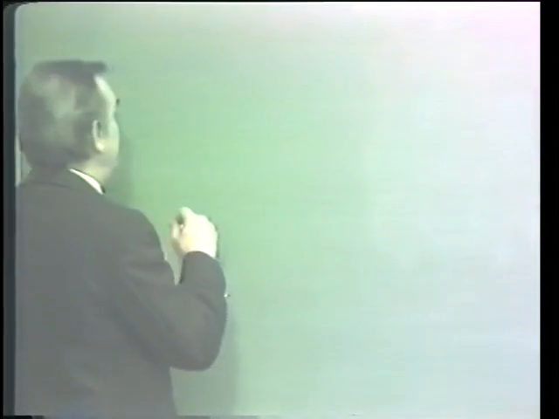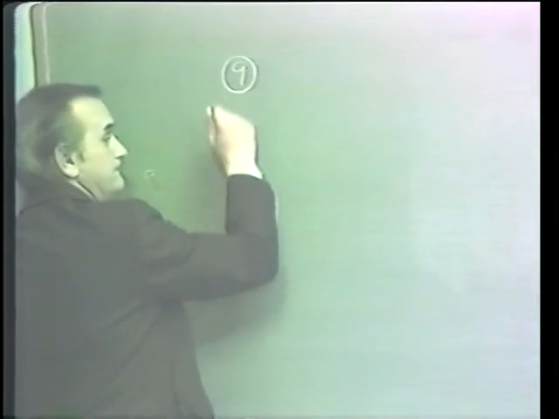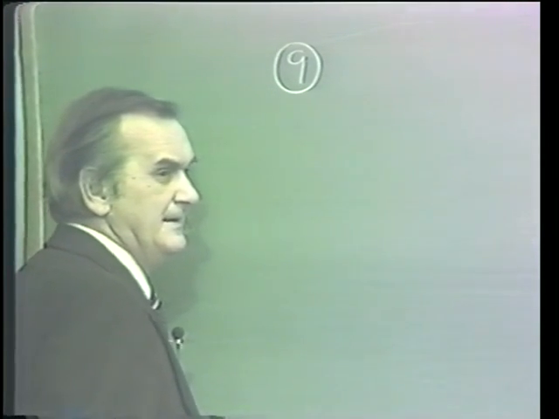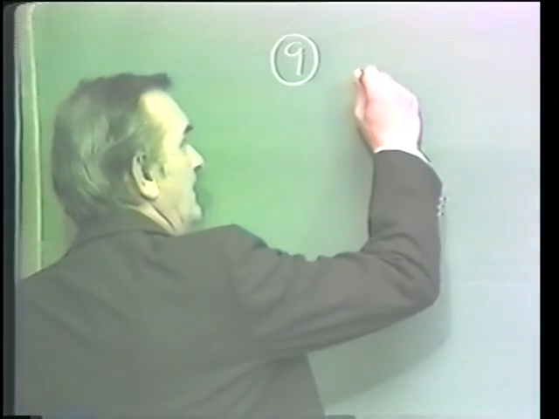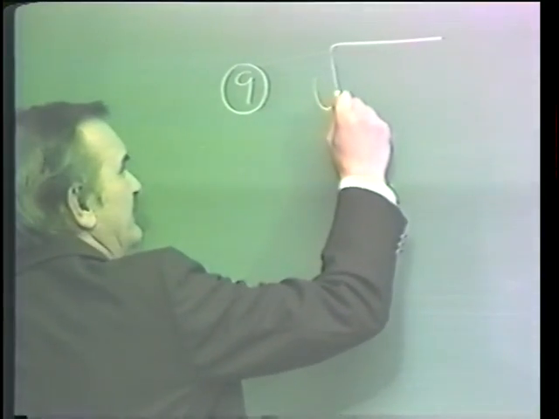Now, before we go on, we need a new property. Our property is this. This is property number 9. Property 9, we're going to be talking about operating with radicals.